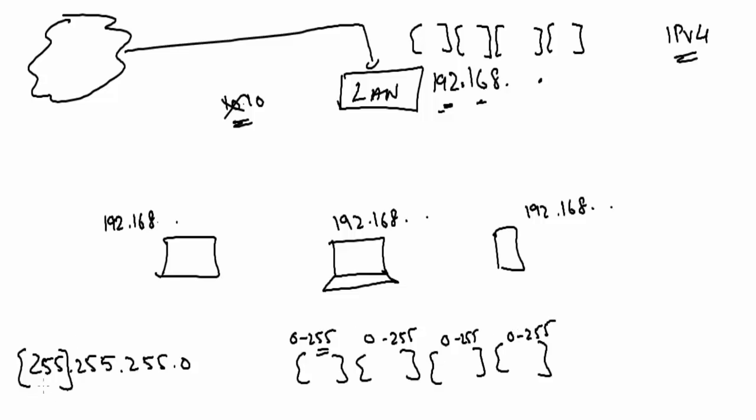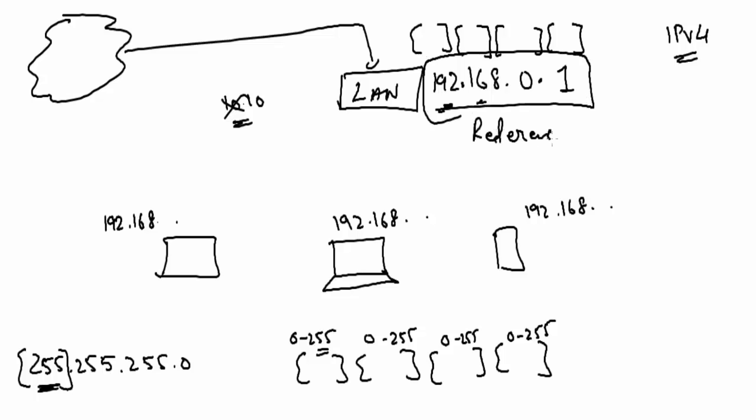Now when the subnet mask says 255, it means that part of the IP address is frozen. You cannot change that part of the IP address. My router IP by default, which is coming from the manufacturer, is 192.168.0.1. So this is like the reference IP, and the subnet mask will be applied onto this reference IP before giving a new IP to any device.